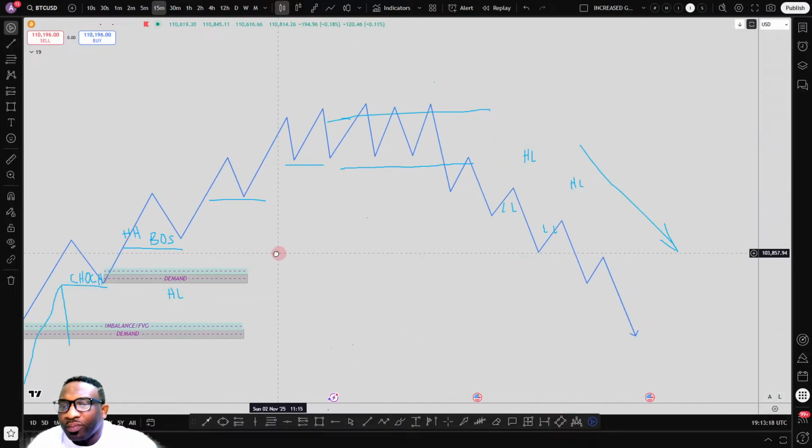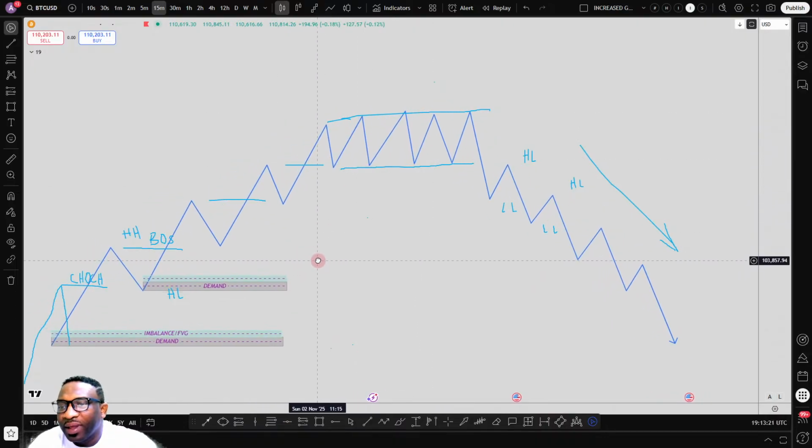So again, we have an area where I marked equal highs and then equal lows.